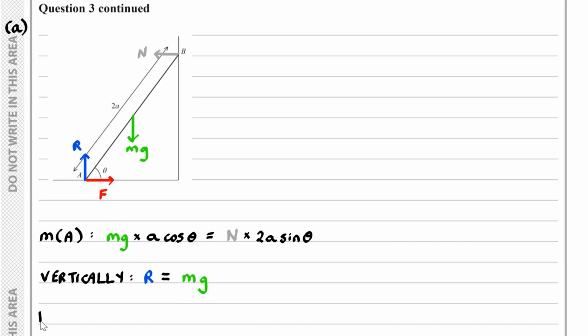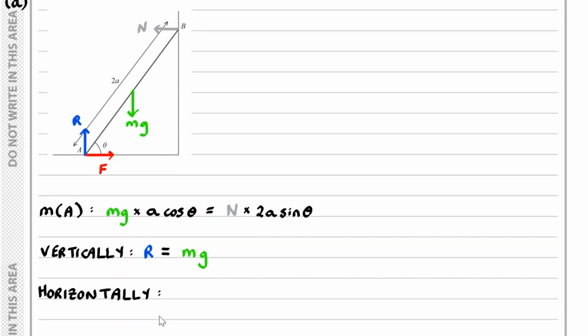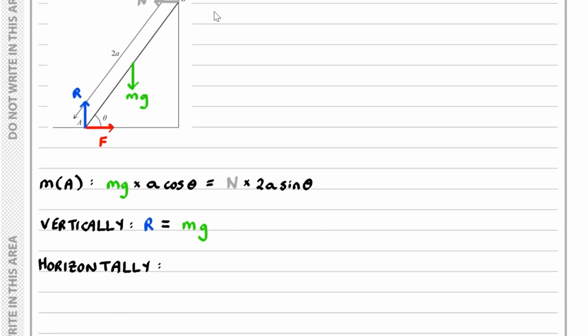And if we resolve horizontally, we have F, which is equal to N. And so therefore, if we substitute everything in, we have mg, which we know is equal to R.